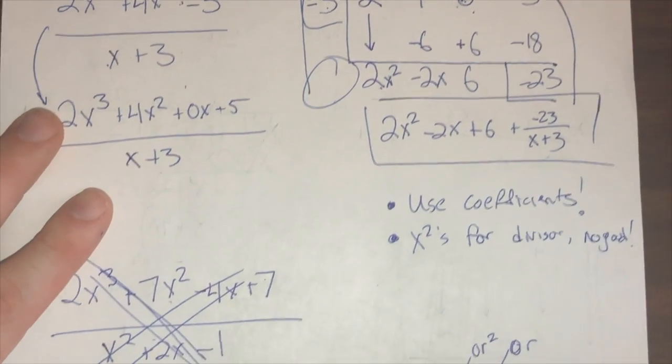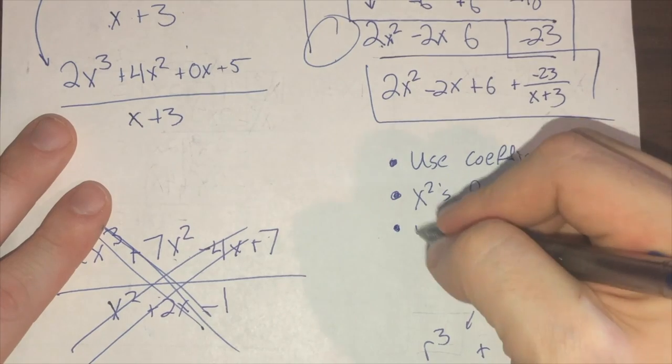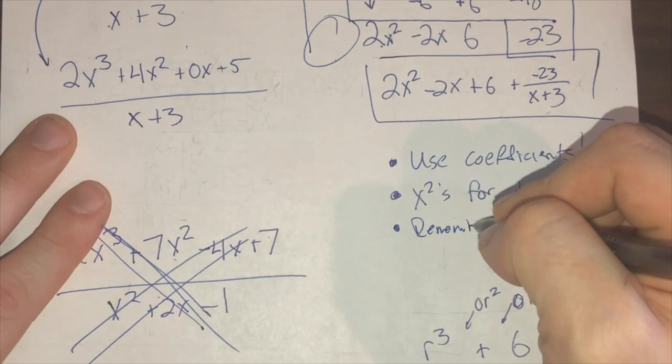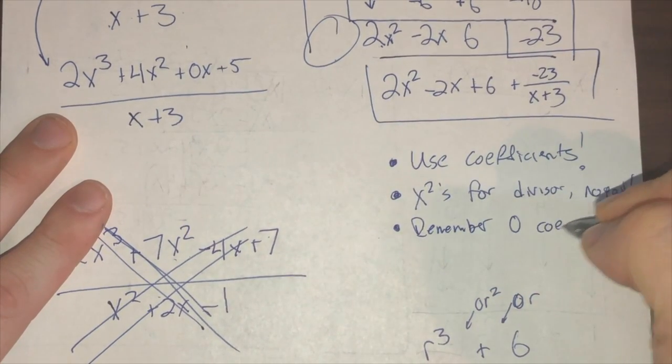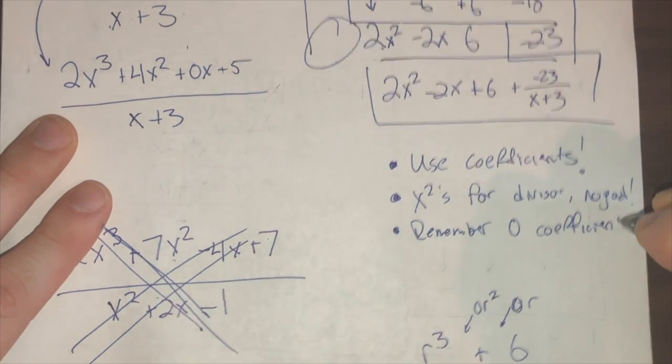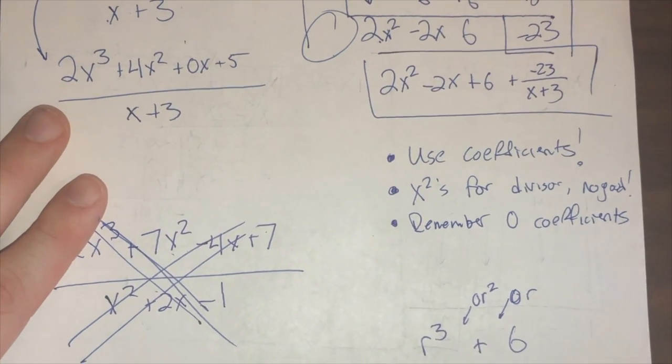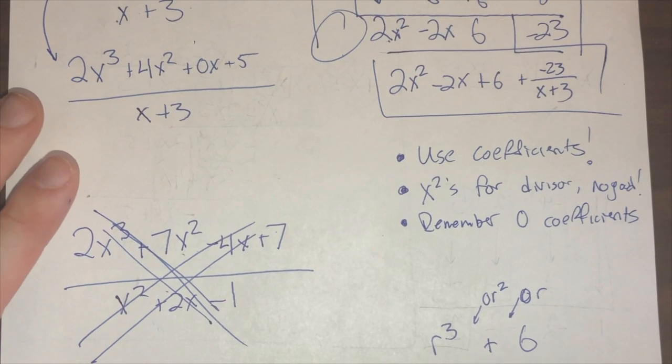Last, remember 0 coefficients. That's really important. If you don't drop those zeros in, I hate to beat a dead horse, but that's something we got to remember.